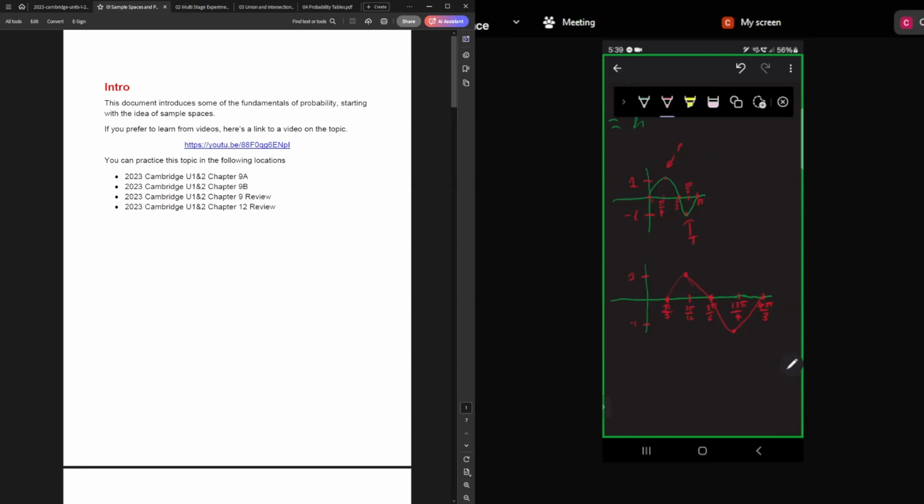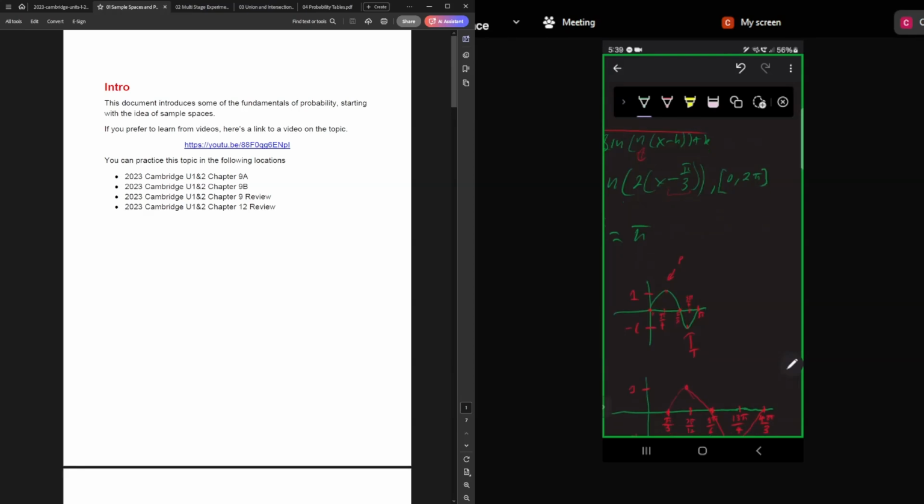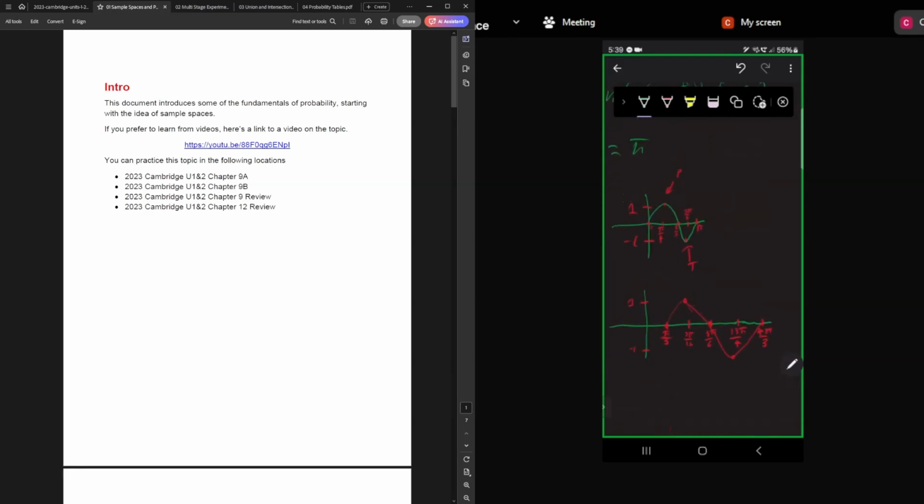But that is to draw the initial curve. What we have to do is consider that we're only sketching this from 0 to 2 pi. So the question was saying we actually only wanted 0 to 2 pi. So what we have to consider here is a cutoff point. Now, this one's exceptionally nasty because it goes for more than one cycle.